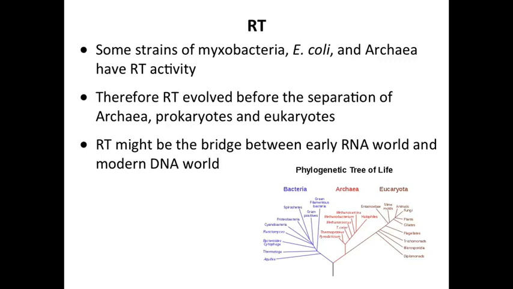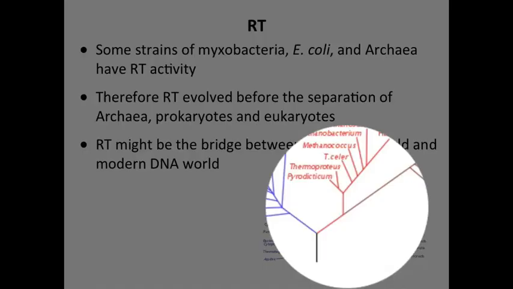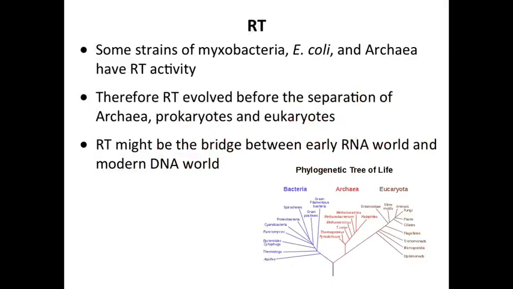The myxobacteria, E. coli, archaea, you can find RT activity in all of those. So we think that reverse transcriptase is quite an old enzyme. We think it evolved before the bacteria, the archaea and the eukaryotes separated. So it probably arose long before that, because they all have it. Right? It's a related enzyme, so it probably was in some precursor.